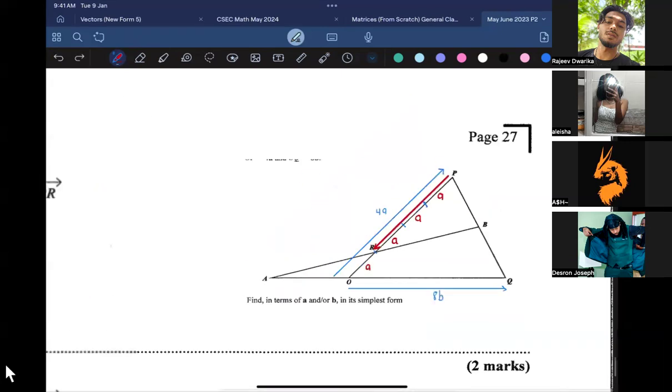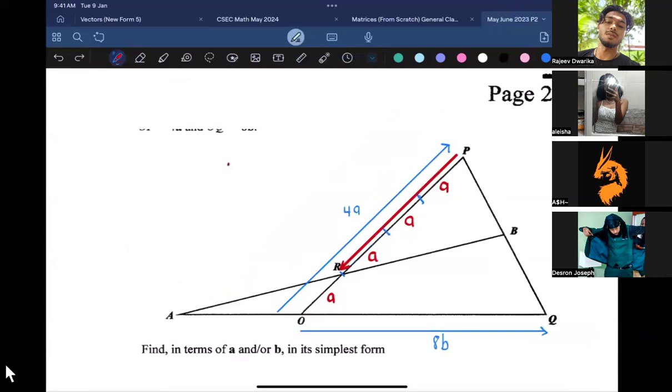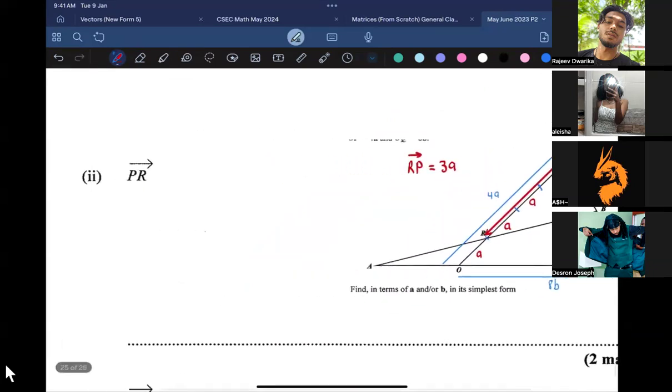Yeah, it'll be 3A. So that is R to P. If I'm going from R to P, that'll be 3A. So if R to P is 3A, how would P to R be? Negative 3A.